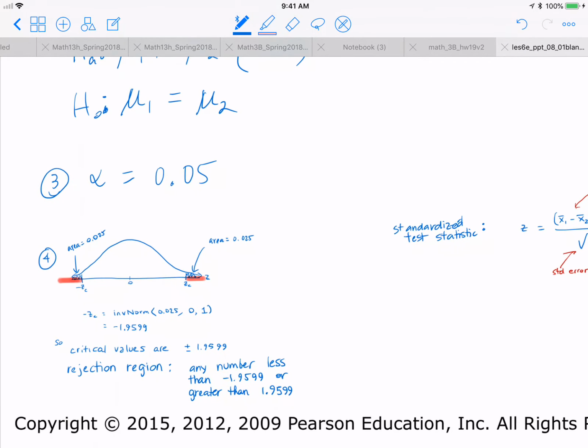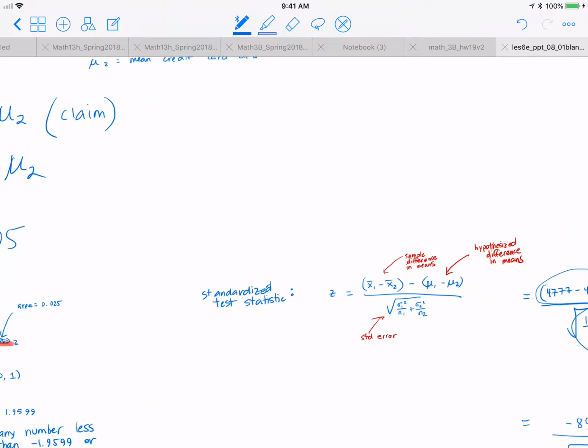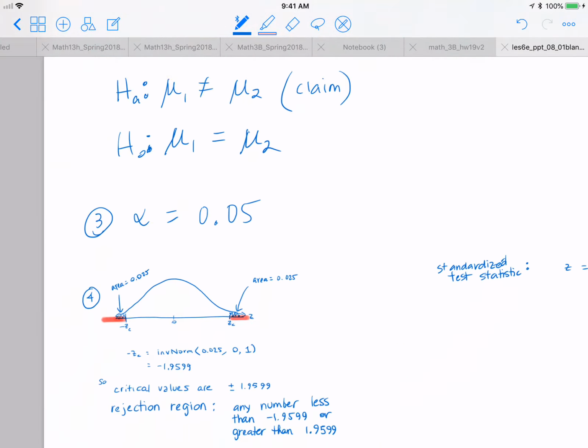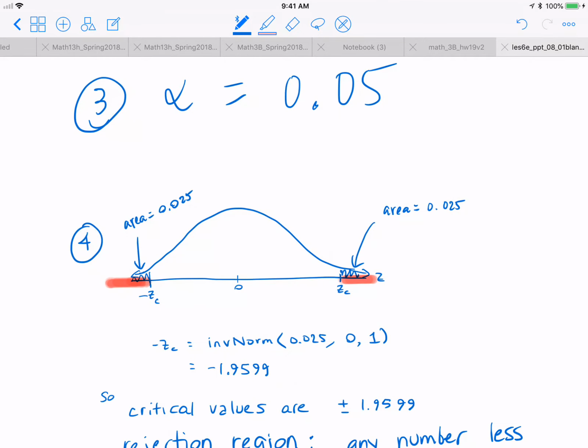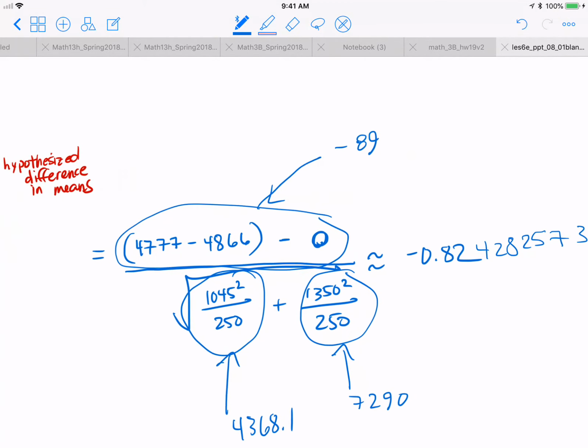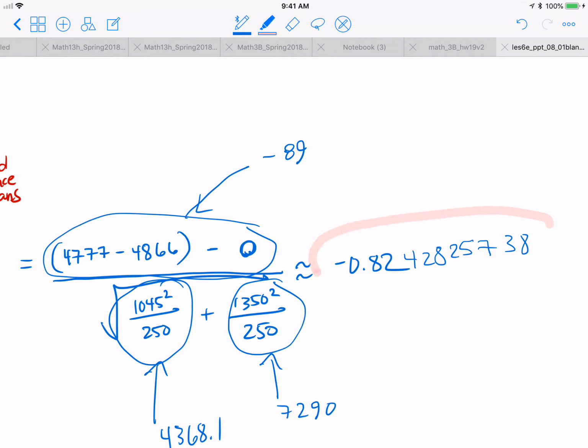Okay, so I've got my standardized test statistic, and now it is time to see if it is in my rejection region. So I'm now at the step of making a decision. This is number 5, make a decision. We said that this critical value is negative 1.9599, and our standardized test statistic is negative 0.824.